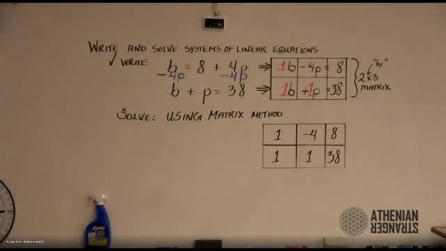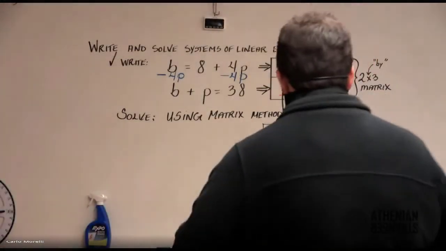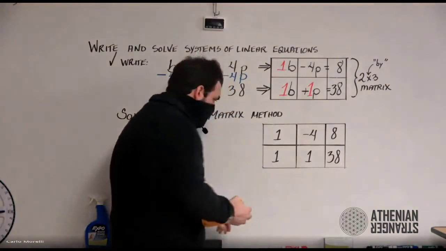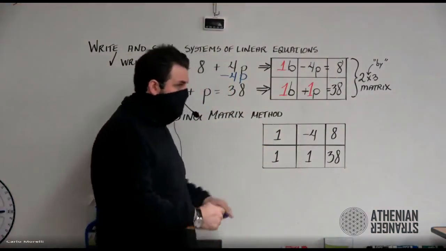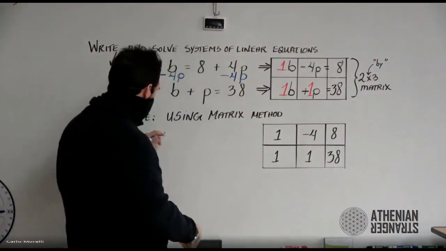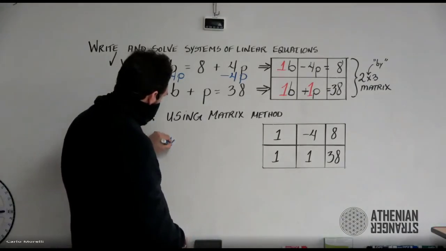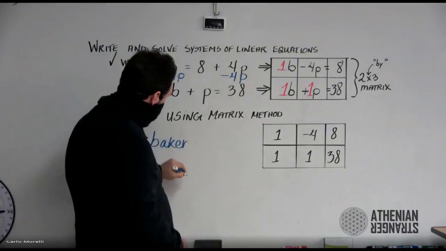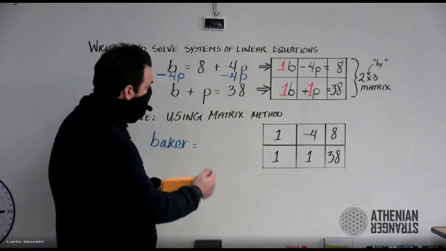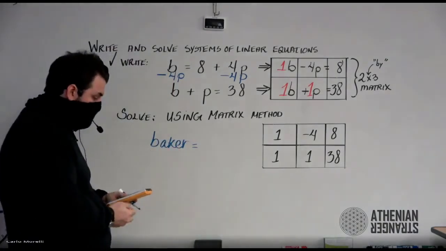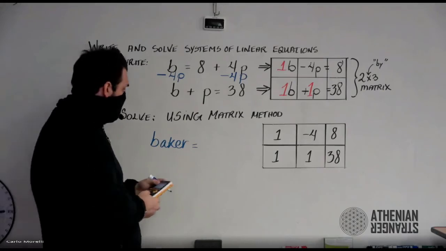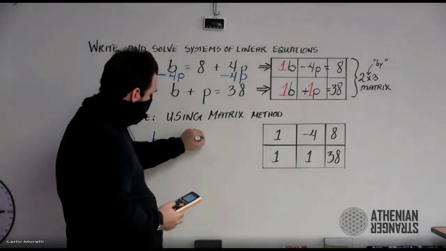So how many pies did the baker make? Let's bring it all together here and write down the answer. How many pies did the baker make? Look at your calculators. Is it 32 or 6? 32.